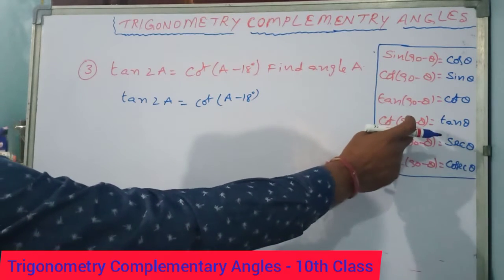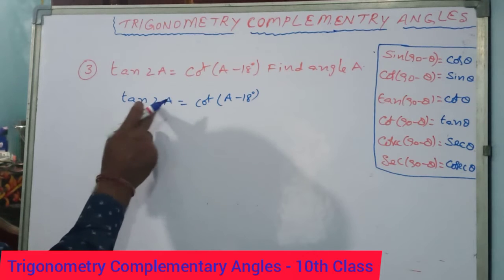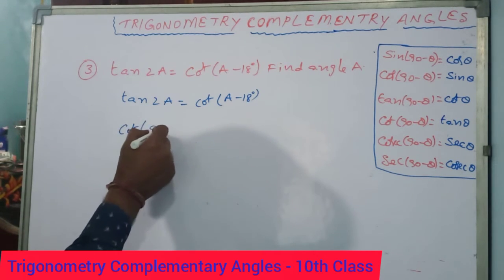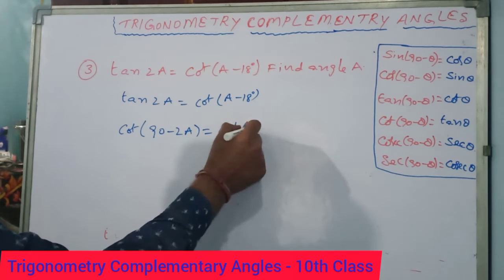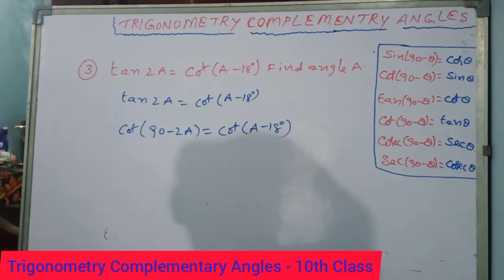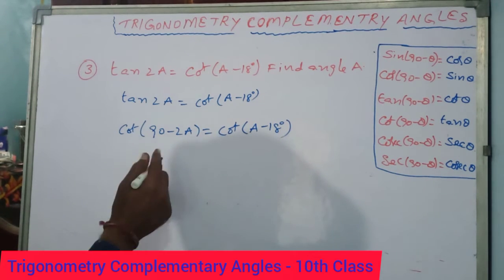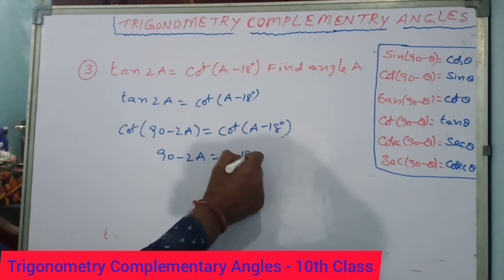Tan theta equals cot of 90 minus theta. The theta value here is 2a. So cot of 90 minus 2a is equal to cot of a minus 18 degrees. Both sides, the cot values cancel. So 90 minus 2a is equal to a minus 18 degrees.